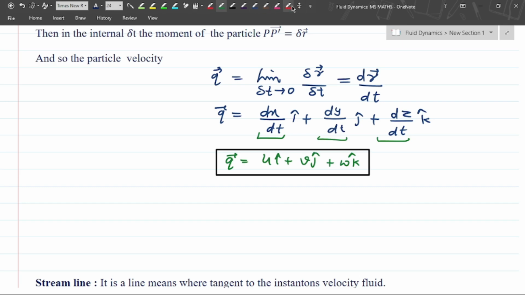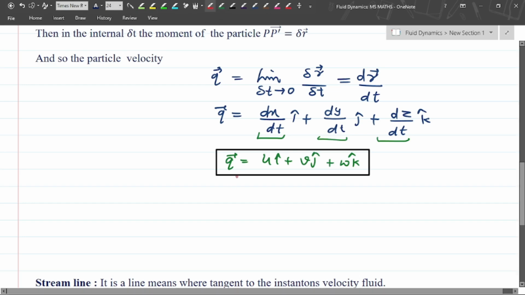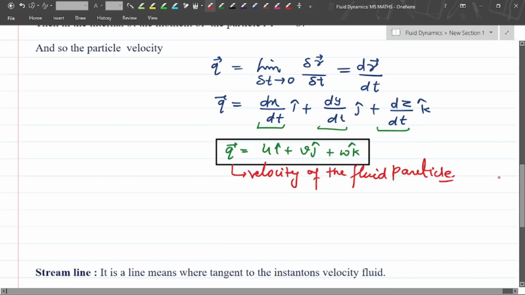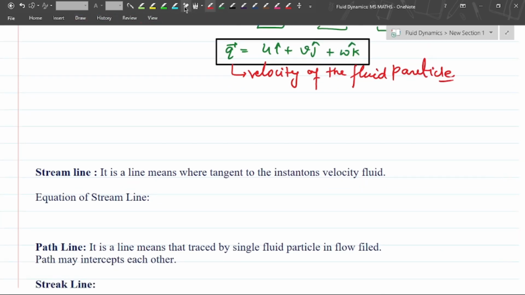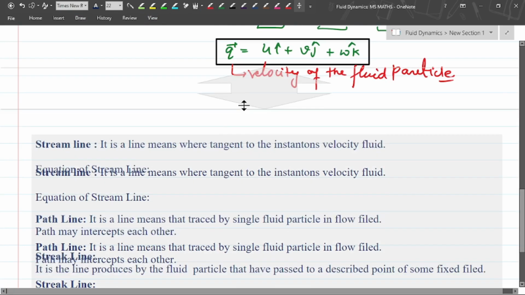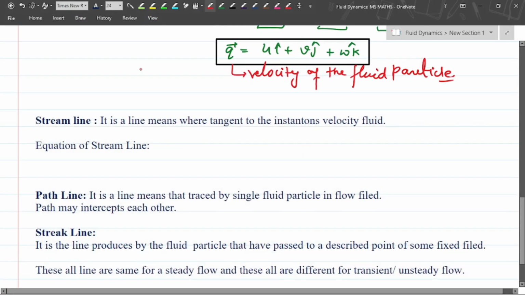Now this is the main concept of the lecture, the velocity of the fluid particle. Now we have some geometrical meaning of the fluid flow that we will discuss in further sections.